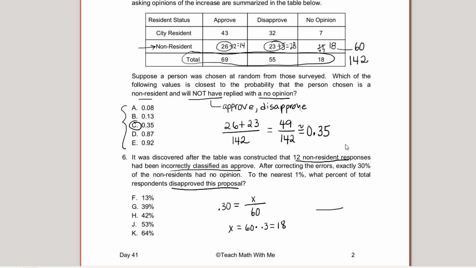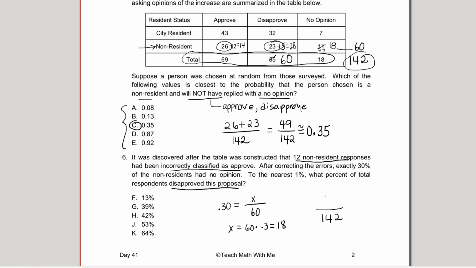Again, our total respondents, which has not changed, is still 142. How many of our total respondents responded they disapproved this proposal? So now our new disapproval number, we have 32 plus 28, and we added 5 to that. So we should have a total of 60 disapprovals.